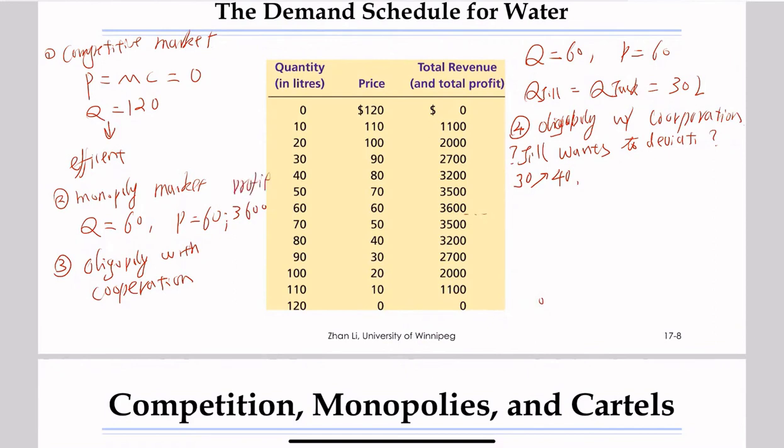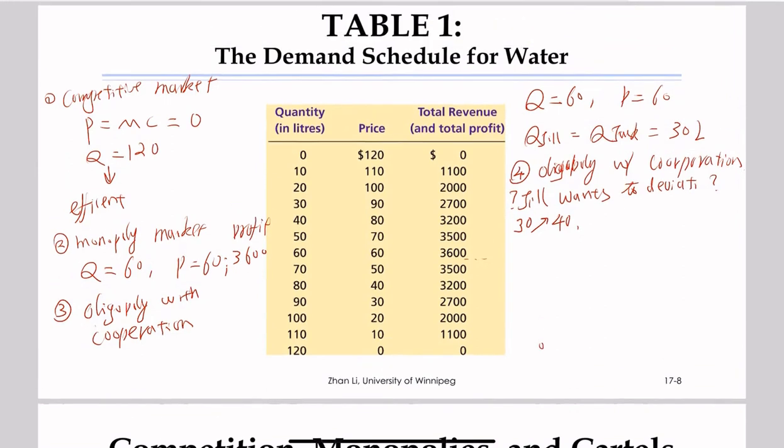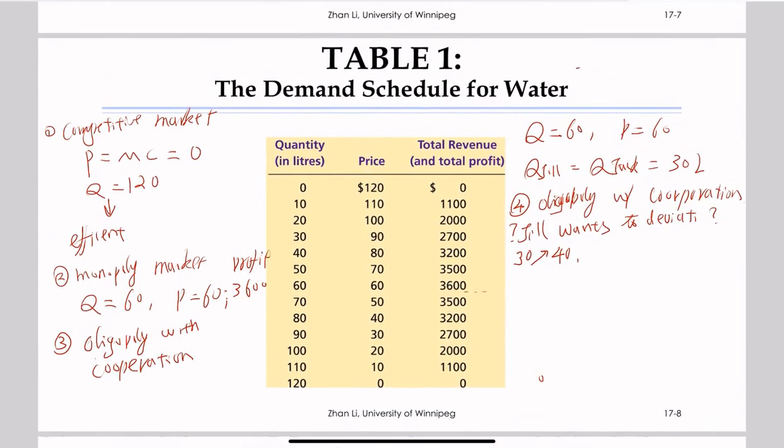And now in the case of oligopoly with cooperation, the profit of Jack and the profit of Jill would be 1,800. That is, they basically get half of the profit of a monopolist. So now let's say Jill tries to produce 40 and Jack still produces 30.